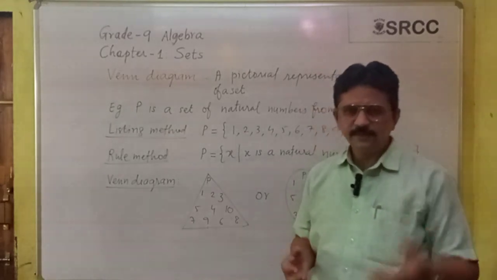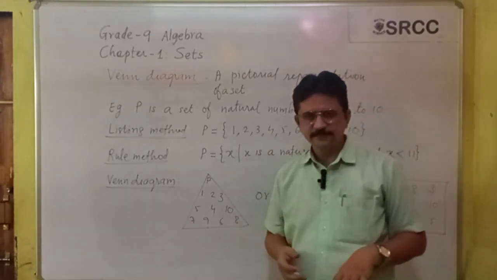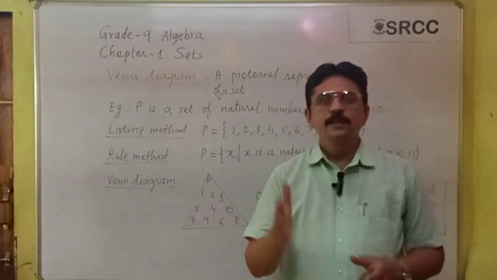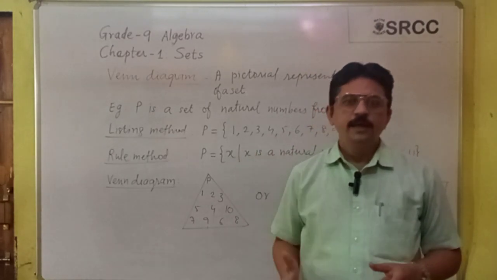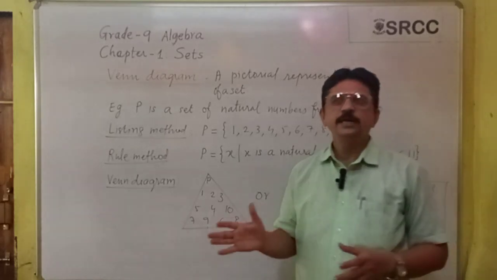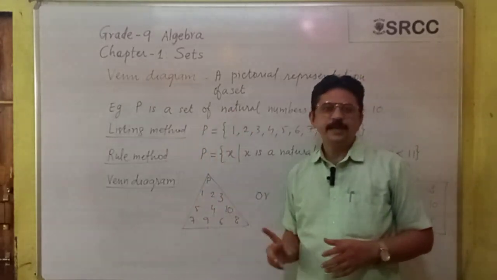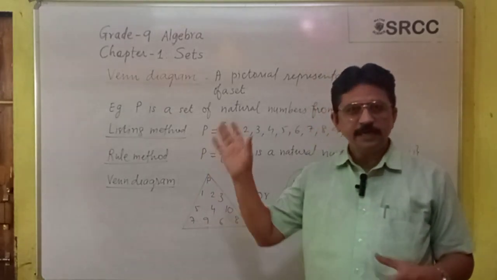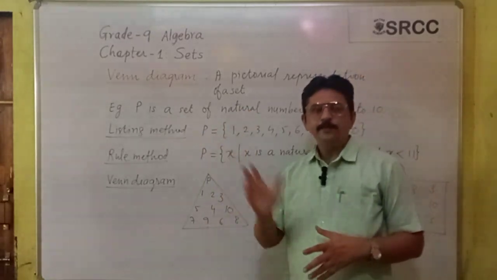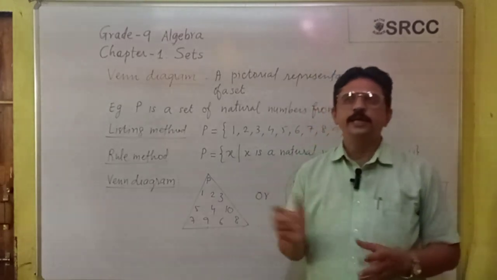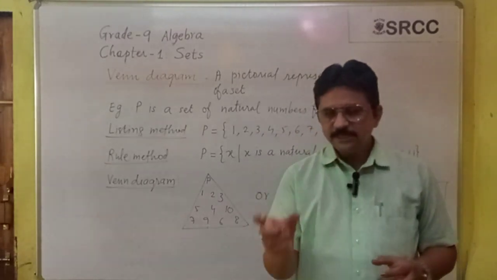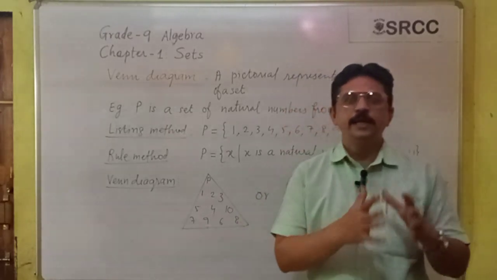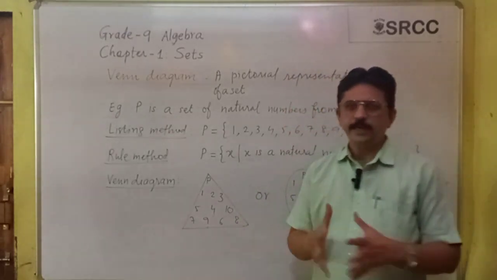Further, we saw four types of sets. They are singleton set, empty set, finite set, and infinite set. Singleton set contains only one element. Empty set does not contain any element. That is also denoted by phi. Empty set is also called as a null set. As the name suggests, finite set contains finite number of elements and infinite set contains an infinite number of elements.